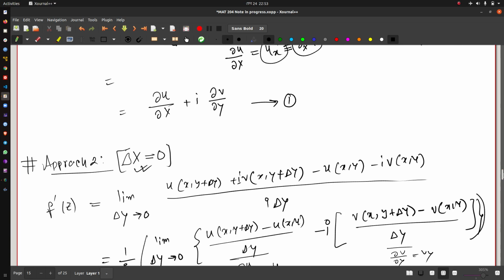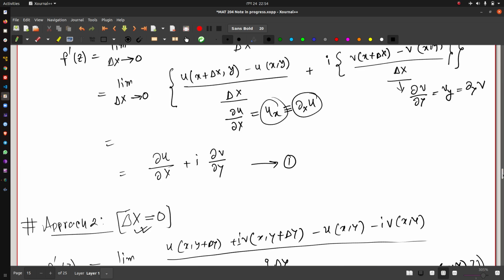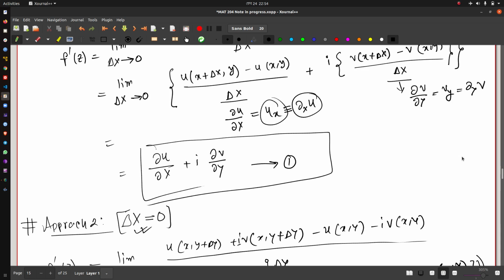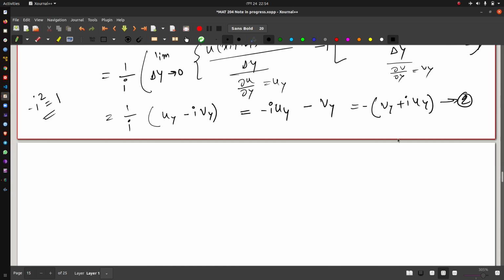Since we had this condition that the derivative should be the same, or unique, regardless of our way of approach, we can say that equation 1 over here and equation 2 over here are the same equation, right?